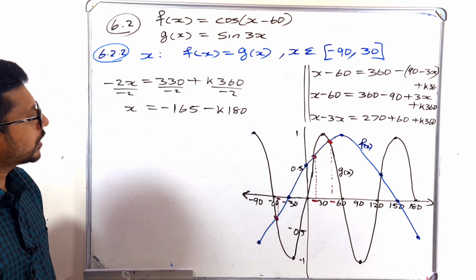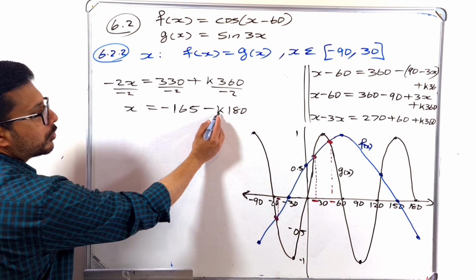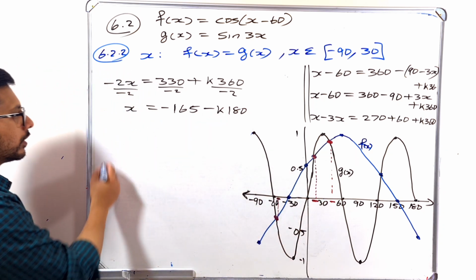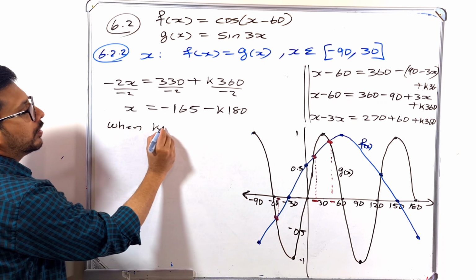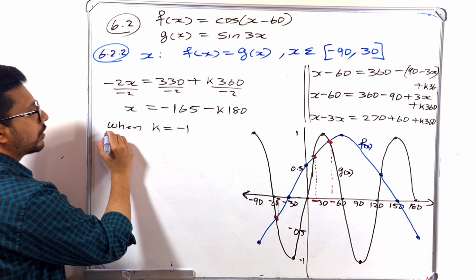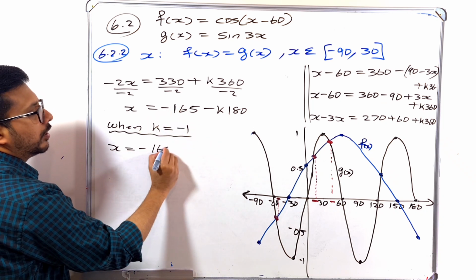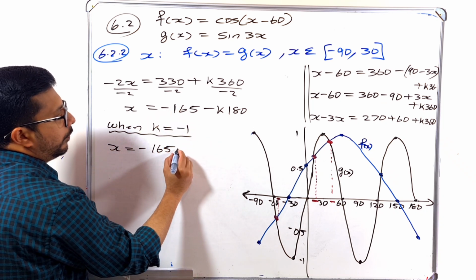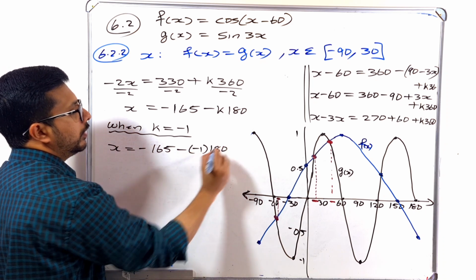So what must I substitute? Positive between 0 and 30. So if I substitute k as minus 1, let's see what is happening. When I substitute k equal to minus 1, what is the equation? x is equal to minus 165 minus 1 into 180.